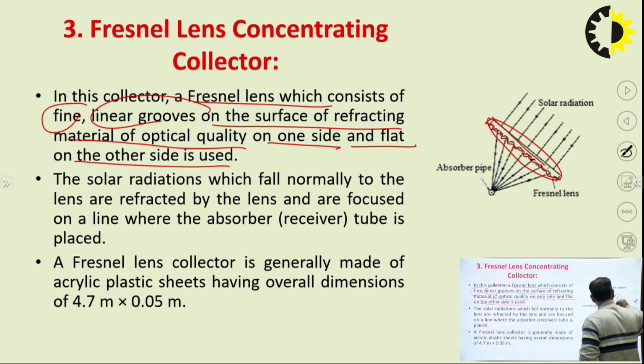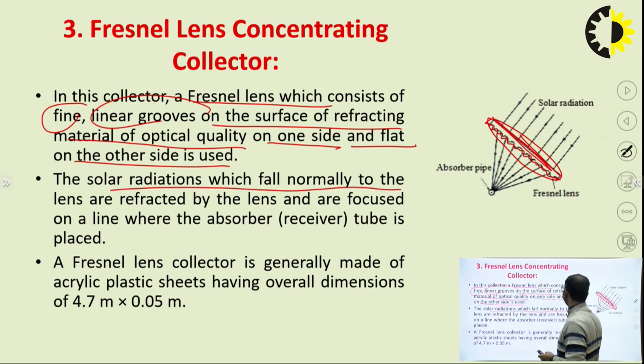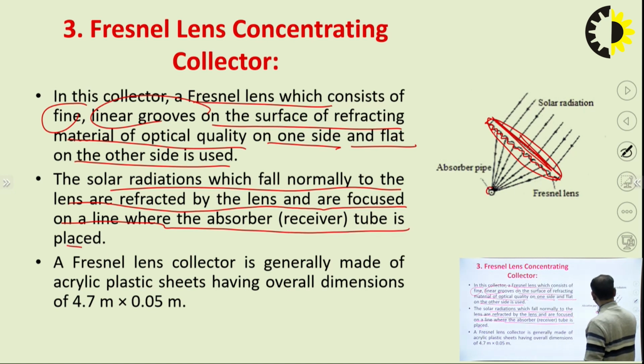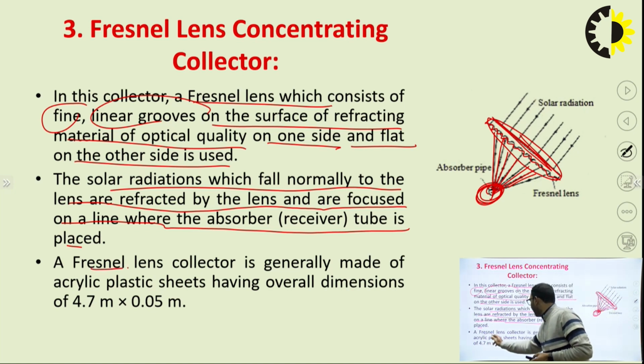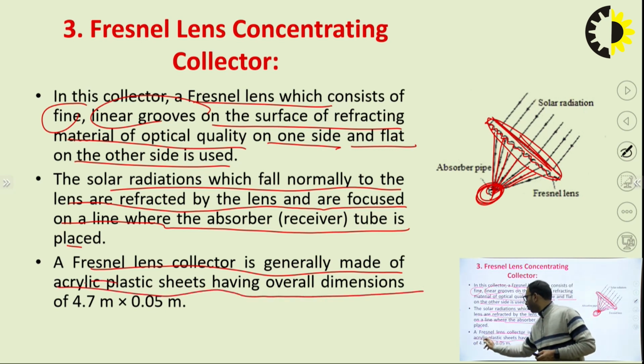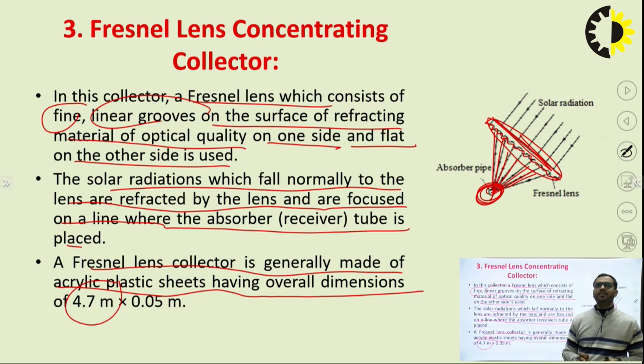The solar radiation which falls normally on the lens is refracted by the lens and focused on a line where the absorber tube is placed. Here all the rays are focused, and this is the absorber pipe which absorbs the energy. A Fresnel lens collector is generally made of acrylic plastic sheets having overall dimensions of 4.7 by 0.05 meter.